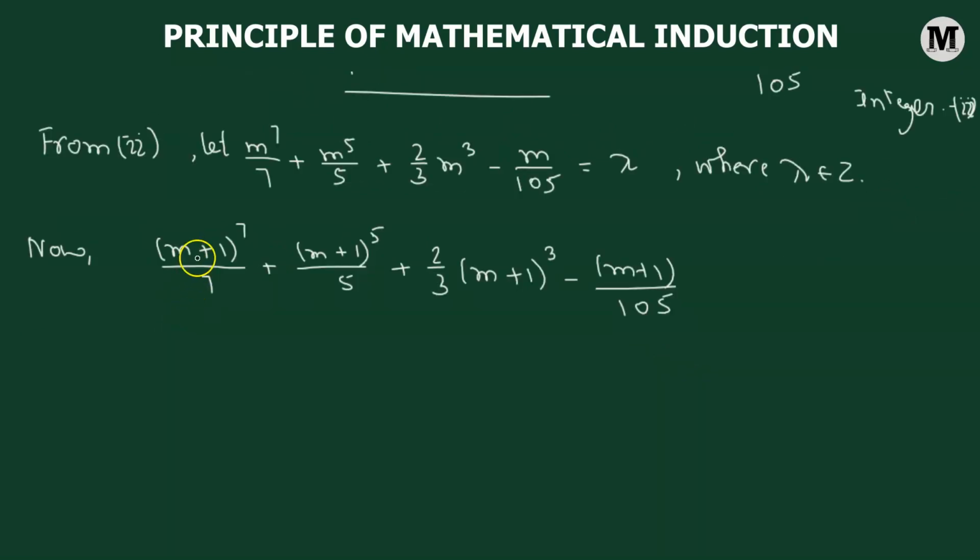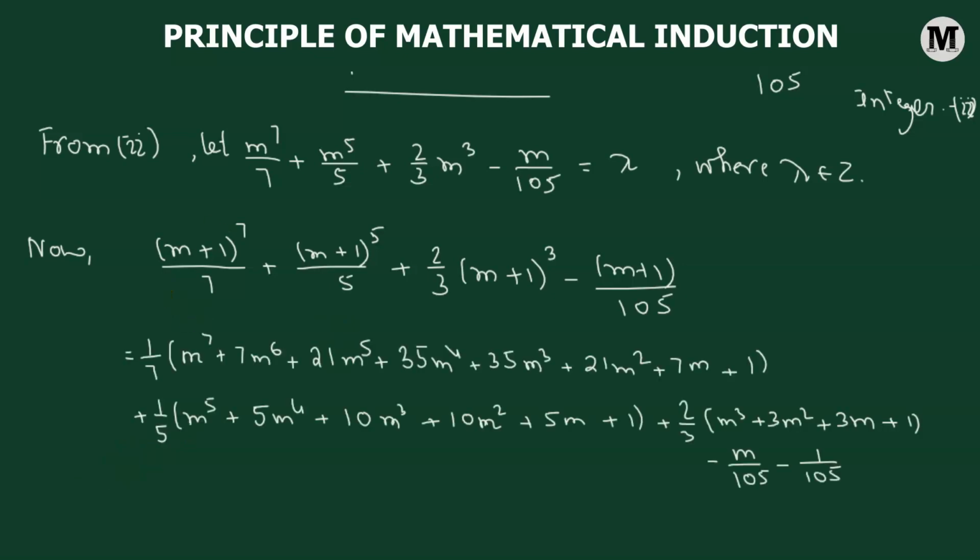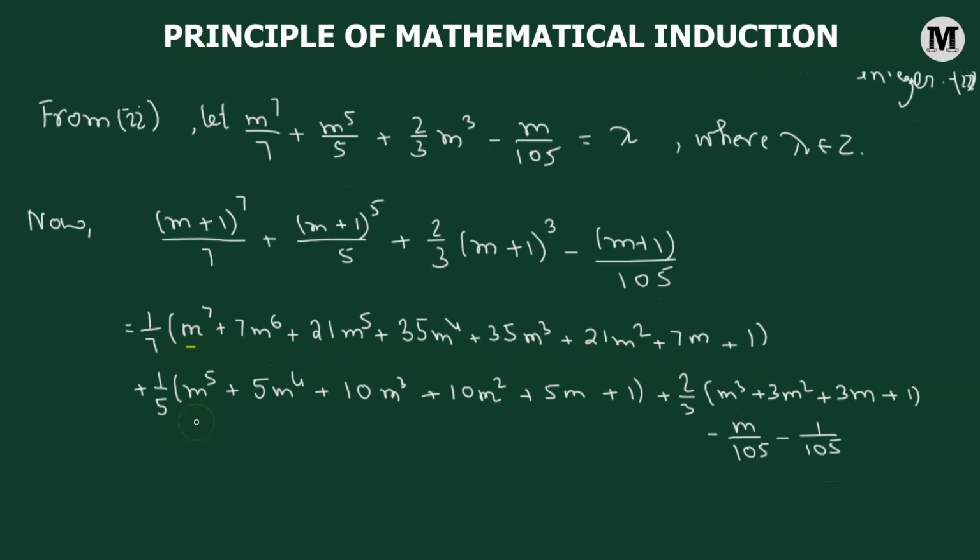Here we will need to expand each of the expressions. So I'm going to specify the expanded form of each of the terms. In the next step, we're going to take the first term of each of the expanded expressions. So from the first term, we'll have m raised to the power of 7 over 7. Okay, so let's write that down.